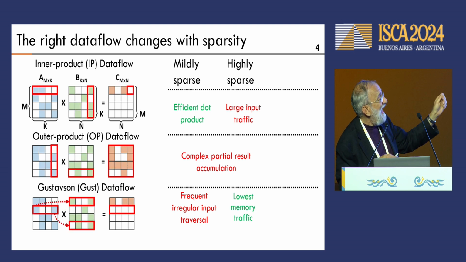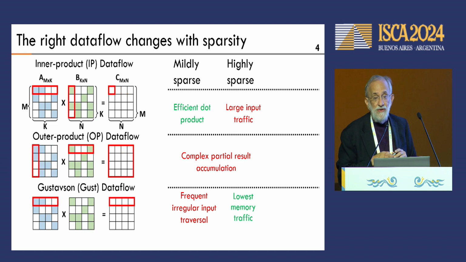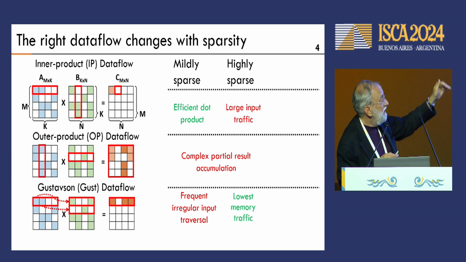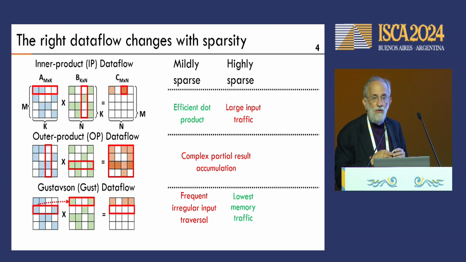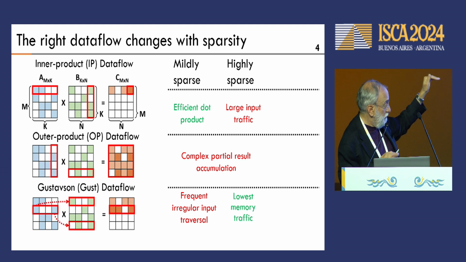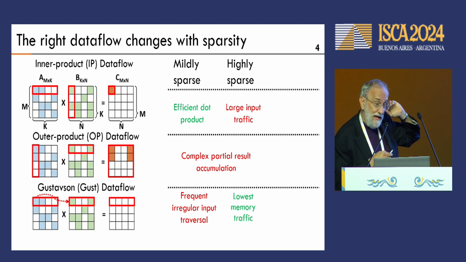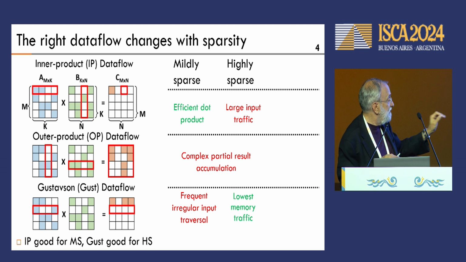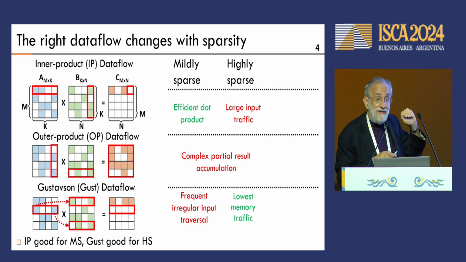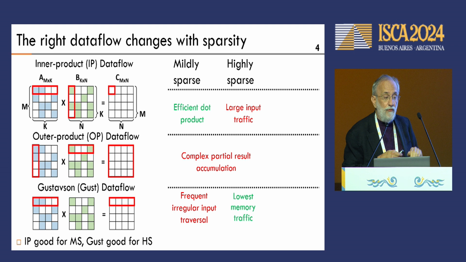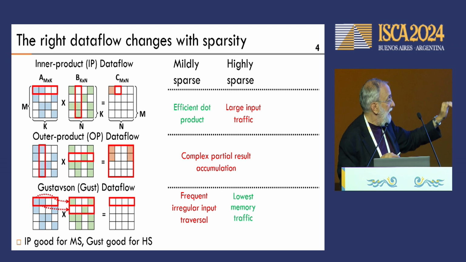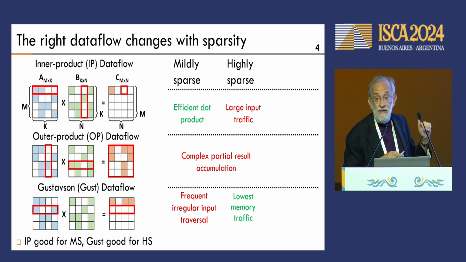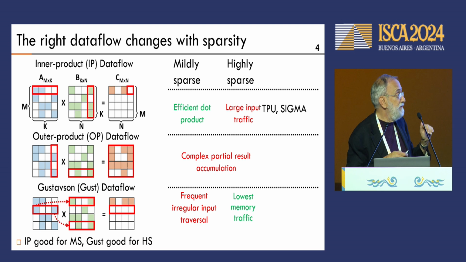However, as the sparsity increases, when you have highly sparse matrices, it turns out that this is going to be the lowest memory traffic. And so this design is going to be good for highly sparse. To summarize, the inner product data flows are good for mildly sparse, and Gustavson is good for highly sparse computations.